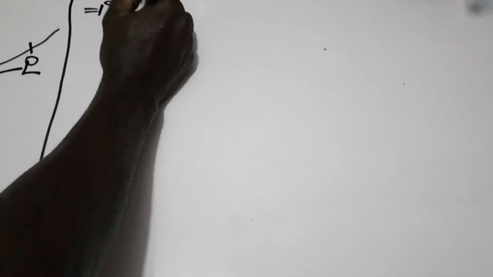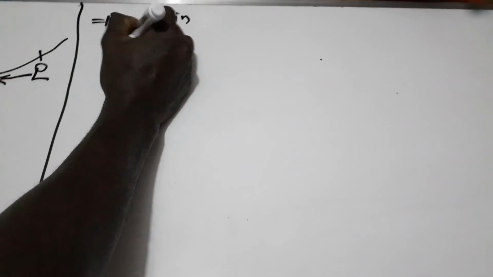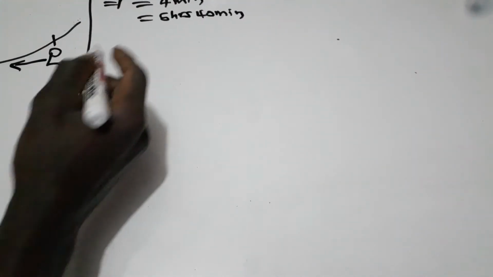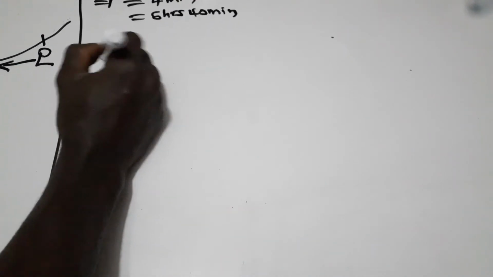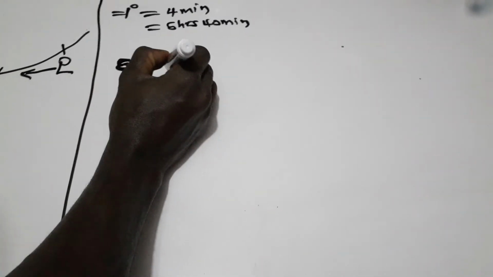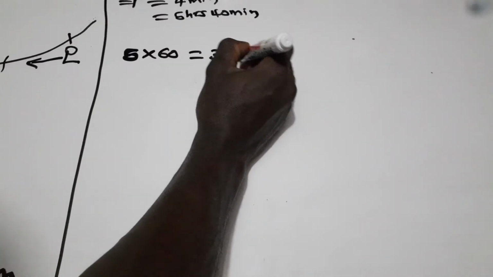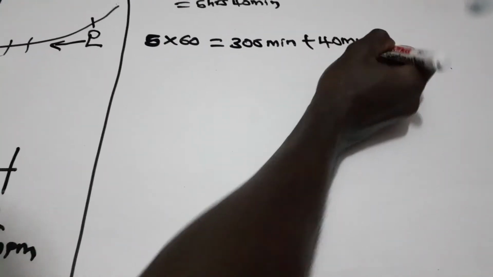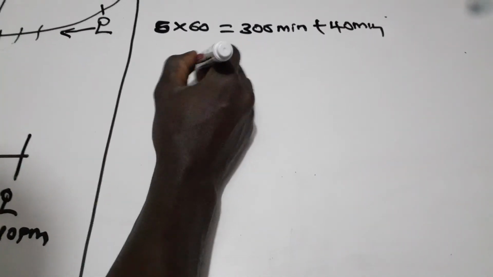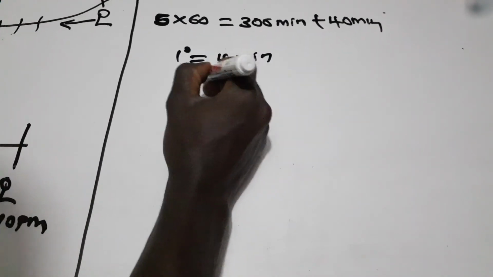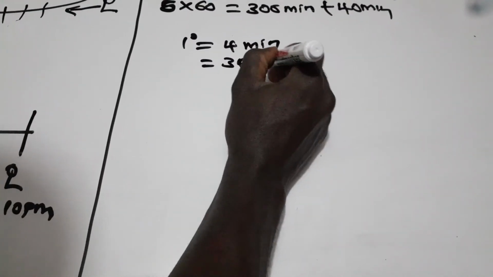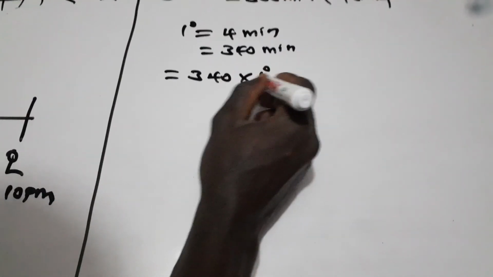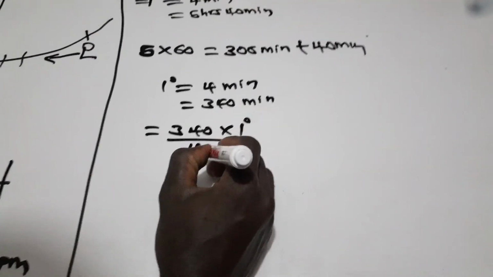But remember, 1 degree is equivalent to 4 minutes. What about 5 hours and 40 minutes? We're going to change this 5 hours into minutes. So it's 5 multiplied by 60, which is going to give us 300 minutes. 300 minutes added to 40 minutes gives 340 minutes. So 1 degree is equivalent to 4 minutes. What about 340 minutes? This will be 340 times 1 degree over 4 minutes.